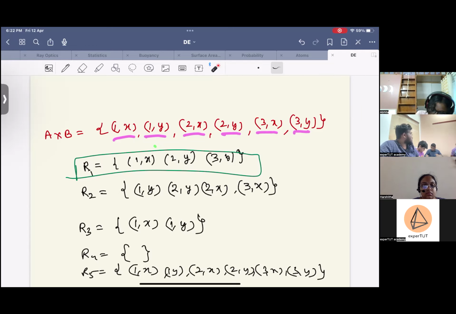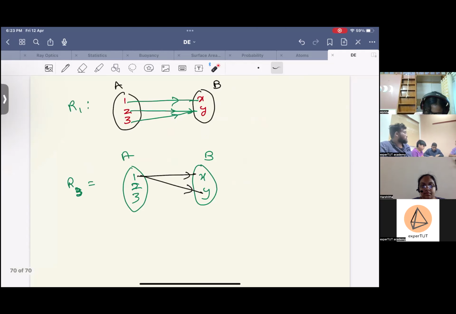There should be an arrow symbol. Sir, how to do R4? R4 you don't join anything, just write the numbers. There is no arrow, just two circles with numbers.